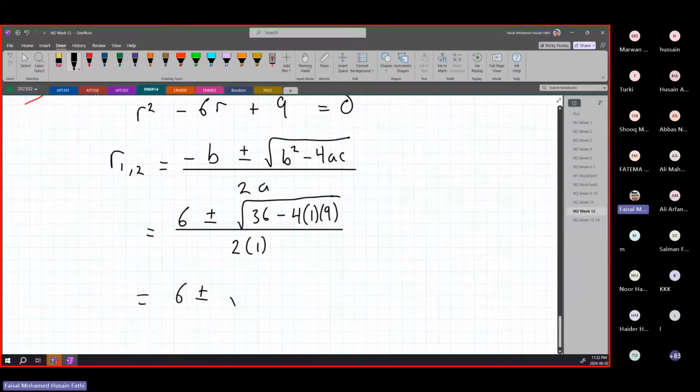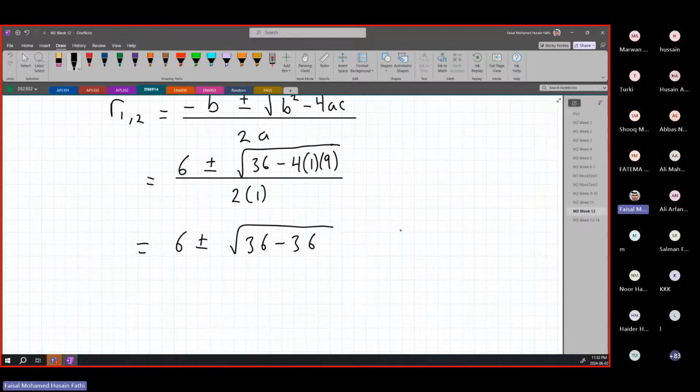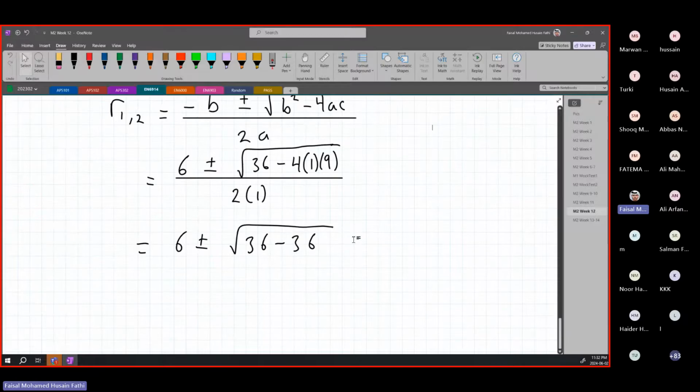Simplifying this will give us 36 minus 4 times 9, which is 36. Yes, b is -6, but the formula is minus b, so you'll be doing minus 6. All right, so 36 minus 36. Again, you guys can just use mod 5.3. I'm just doing this for explanation purposes. Divided by 2 over 1.